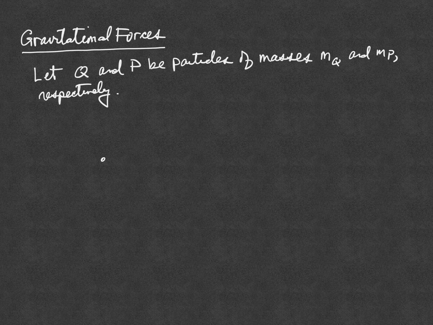Now here are these two particles. Here's Q and here's P. And there's a vector that goes from Q to P, which is the position of P relative to Q. This particle has mass m sub q, and this particle has mass m sub p.